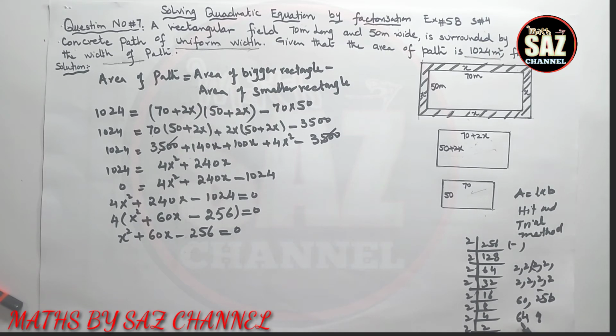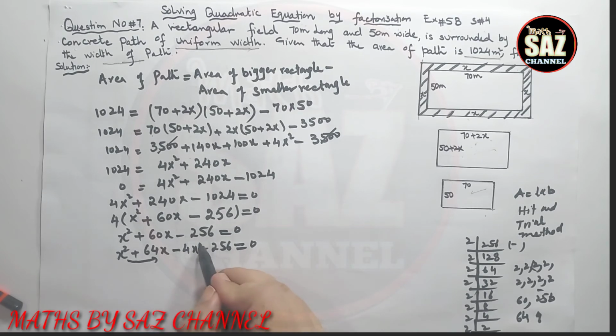When I am taking away 4 from 64, I get 60, and when I am multiplying 64 by 4, my answer will be 256. So coming to the working place, x square plus 64x minus 4x minus 256 equals 0.